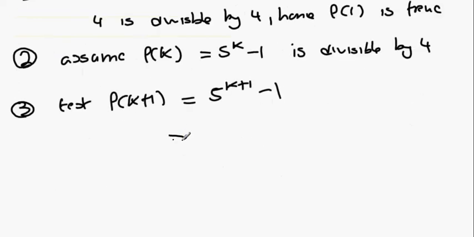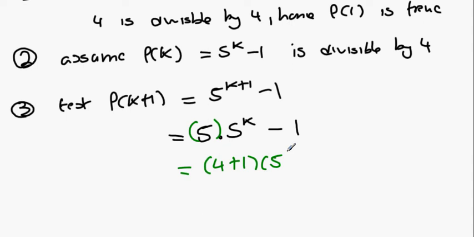Now using your power of indices, you're going to put down 5 to the power of k plus 1 equals 5 by 5 to the power of k, minus 1. You're going to change this number 5 in the brackets into 4 plus 1, times 5 to the power of k, minus 1. Now we're going to separate this out into 2 parts.